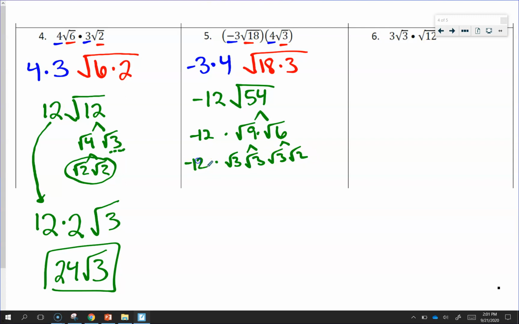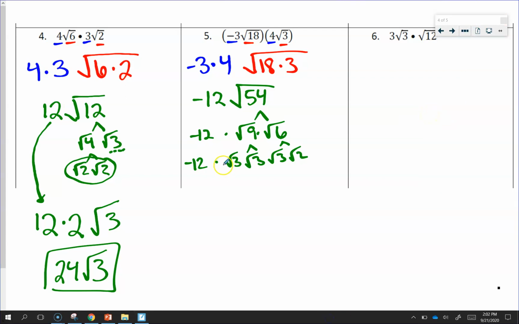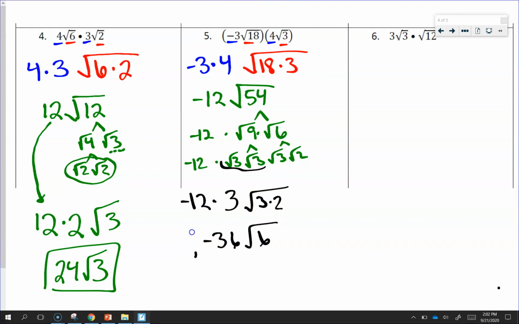Still have -12. Mama's rule, I can take pairs out. Here's a pair of 3s, so they're going to come out of the house where -12 already is. These don't have a partner, so they're going to stay inside the radical. So this simplifies to -36, and then inside is just a 6, like that.